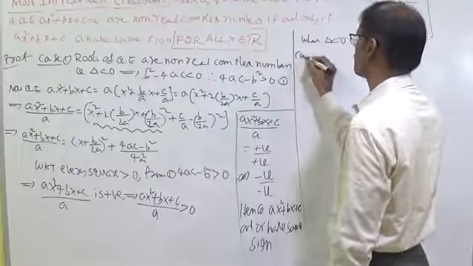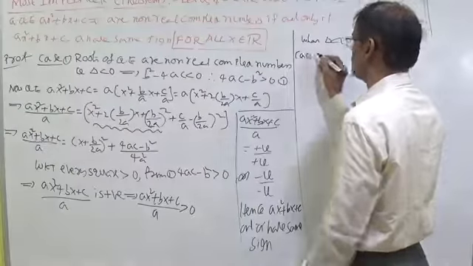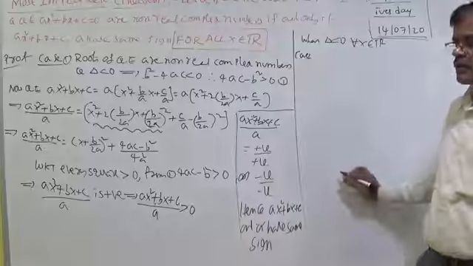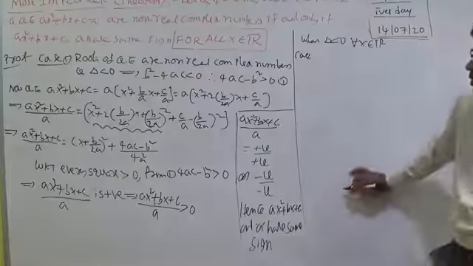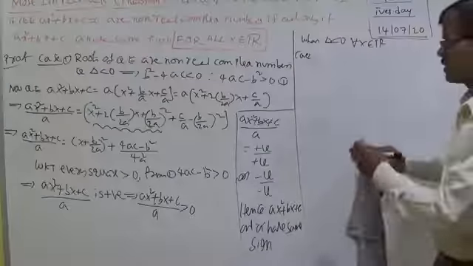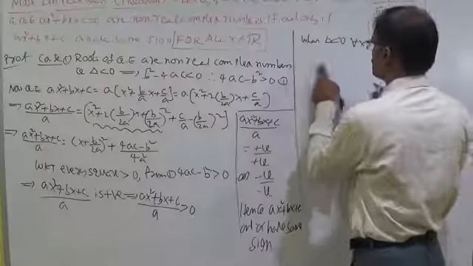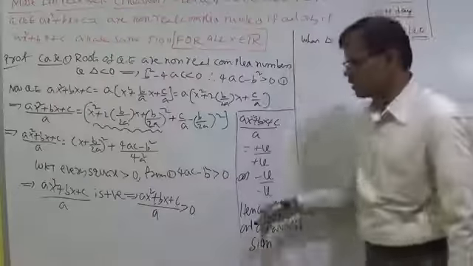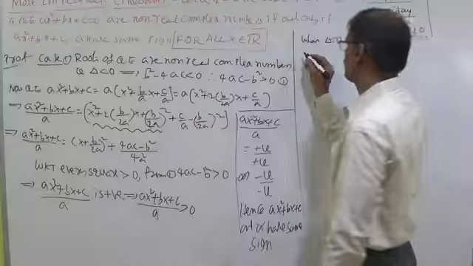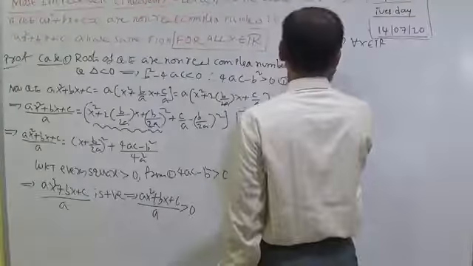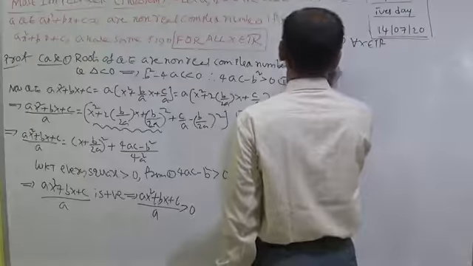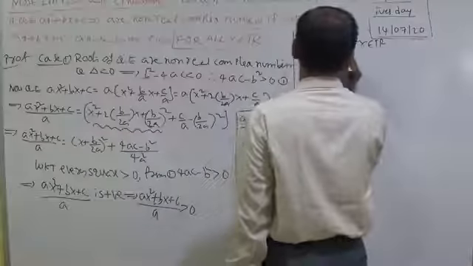Now, let us discuss case 2. What is case 2? Here, whenever delta is less than 0, we have proved that ax square plus bx plus c and a have the same sign. Now we should prove it in reverse. Case 2.